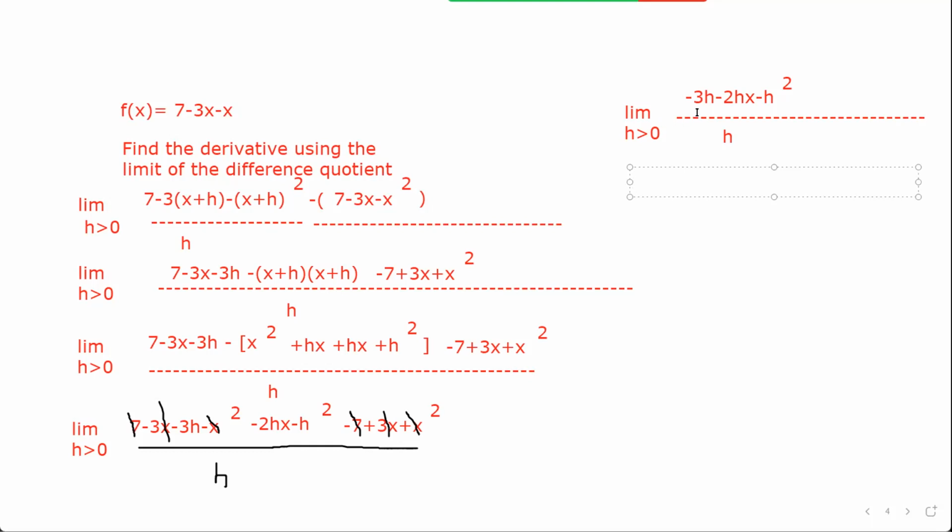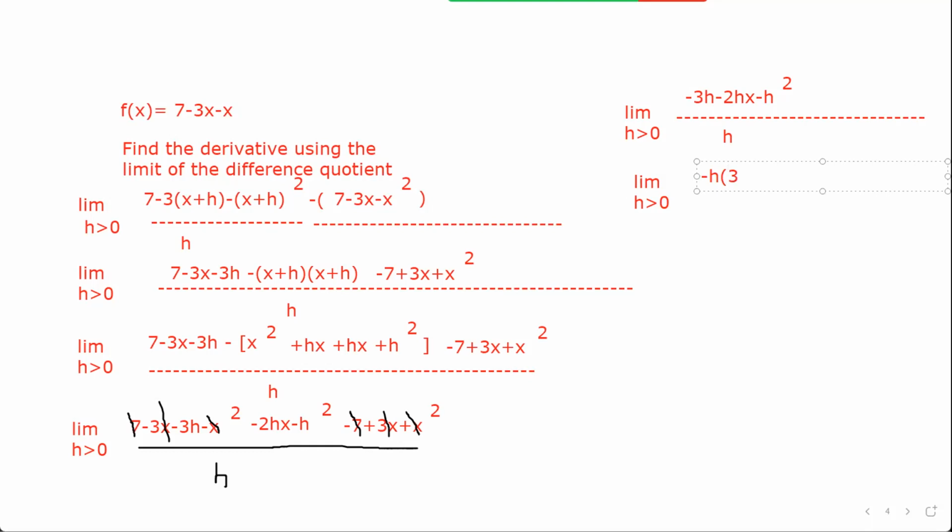Notice, can you pull out h? That's exactly what we're going to do. We're going to say the limit as h goes to 0 of, and we're going to pull out h from the top. Now I'm going to pull out a negative h so that I don't have a negative on the inside of the parenthesis. That's going to give me 3 here.